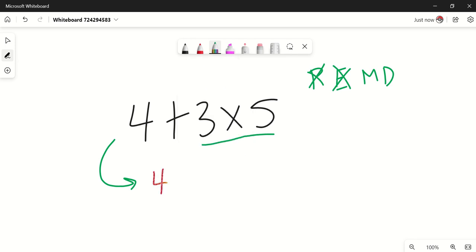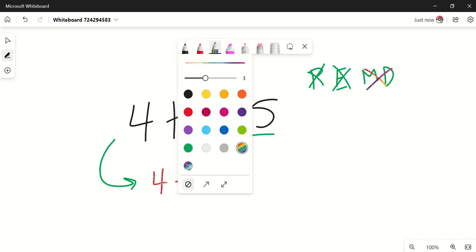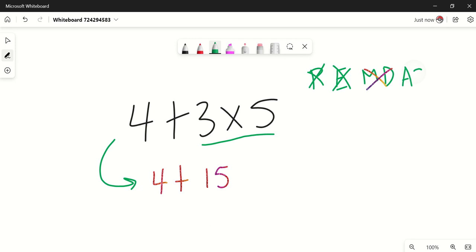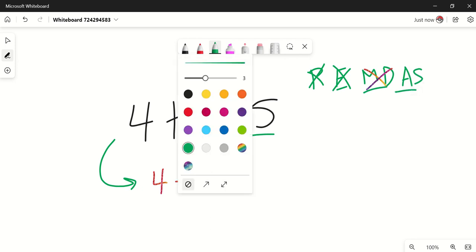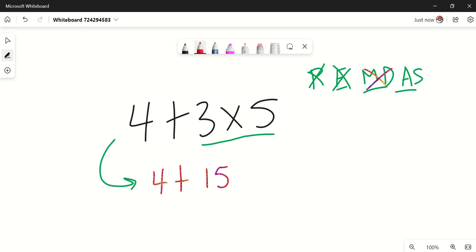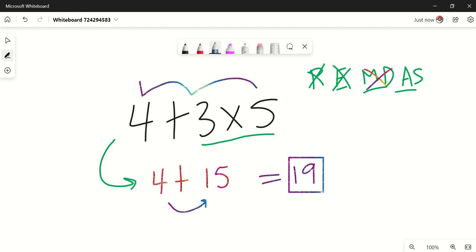So it'll be 4 plus, and whatever 3 times 5 equals, which is 15. So we did our multiplication and division. Our last step is addition and subtraction together. And we have addition here. 4 plus 15, which will give me 19. So my expression 4 plus 3 times 5 would be 19.